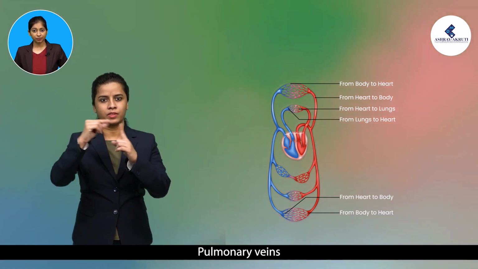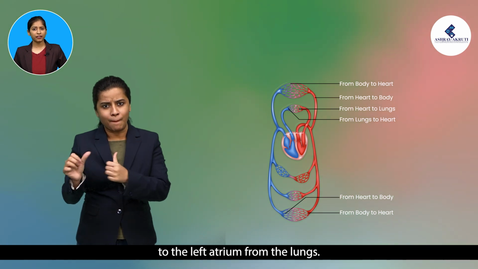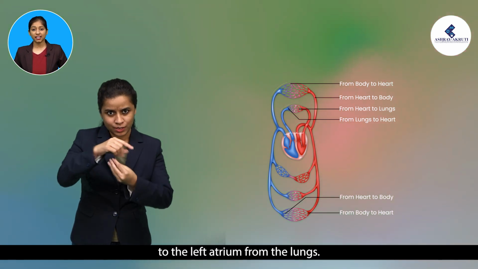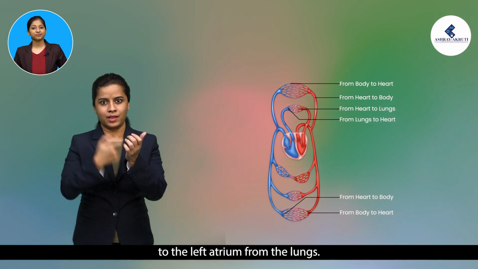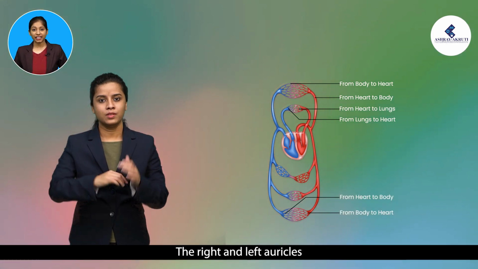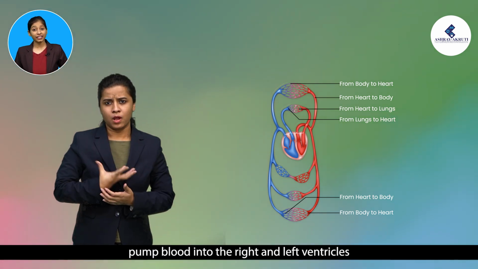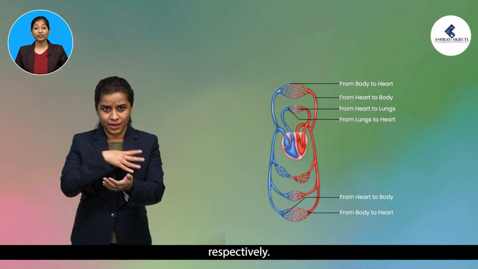Pulmonary veins bring oxygenated blood to the left atrium from the lungs. The right and left auricles pump blood into the right and left ventricles respectively.